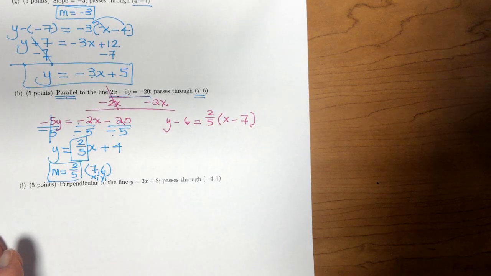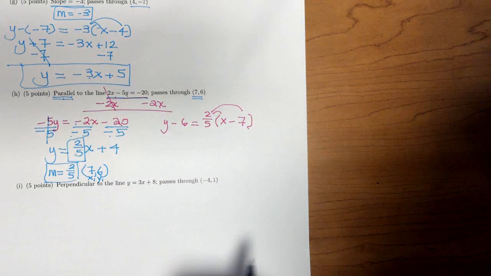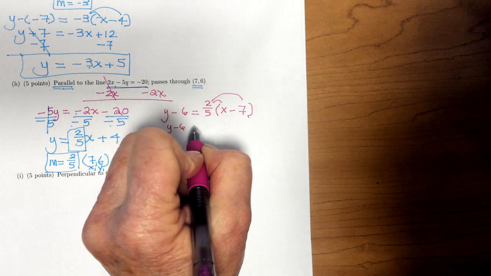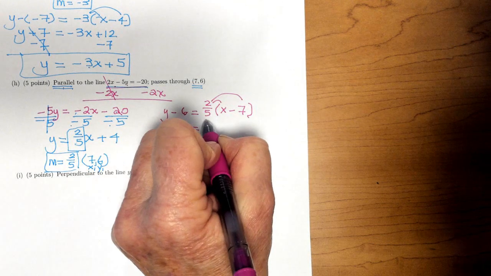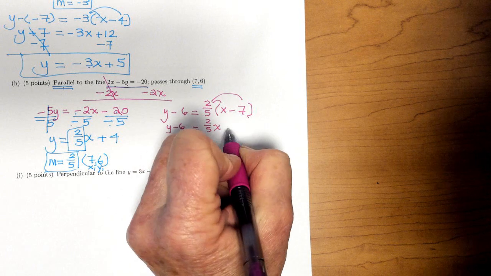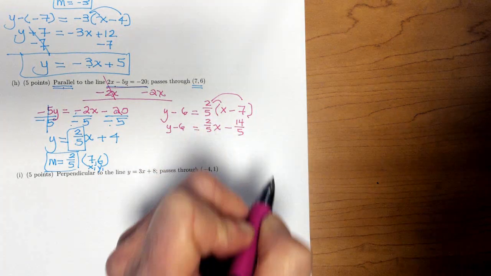So I'm going to remember that I'm going to distribute. So when I distribute, I've got y minus 6 is equal to 2/5 x minus 14 over 5.